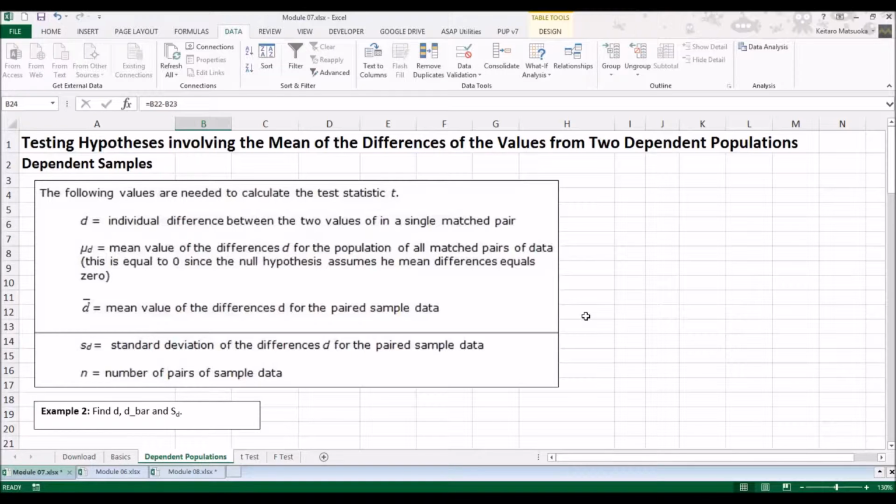D is the individual difference. Mu of D is the mean value of the differences, and we set it equal to 0 because the null hypothesis assumes that the mean difference between the two will be equal to 0. D bar is similar to X bar, except that it's the mean value of the differences, so instead of X we use D. S of D is the standard deviation, and N is the number of pairs, just like before, of the sample data.